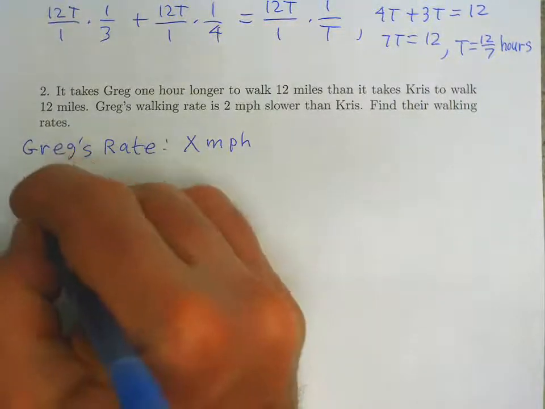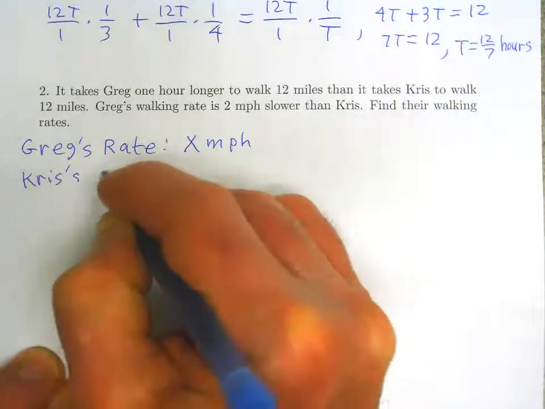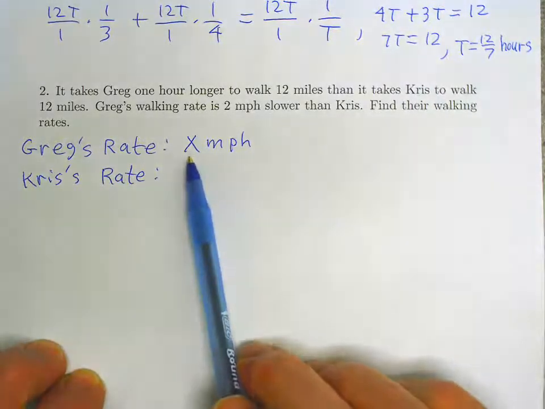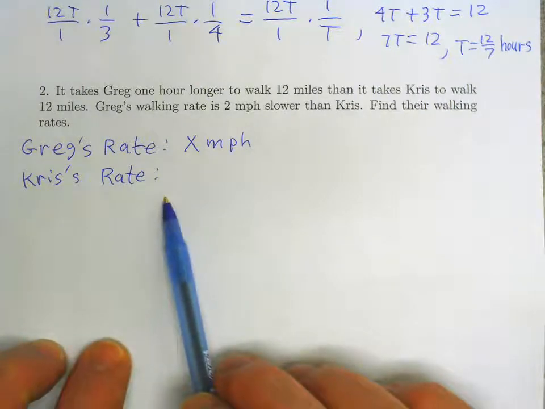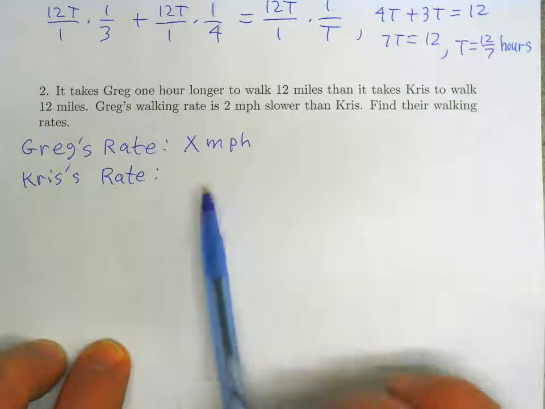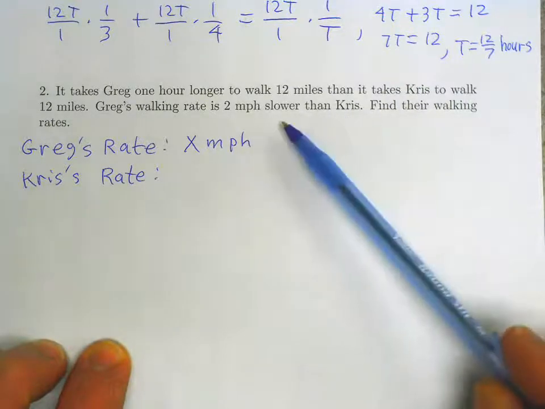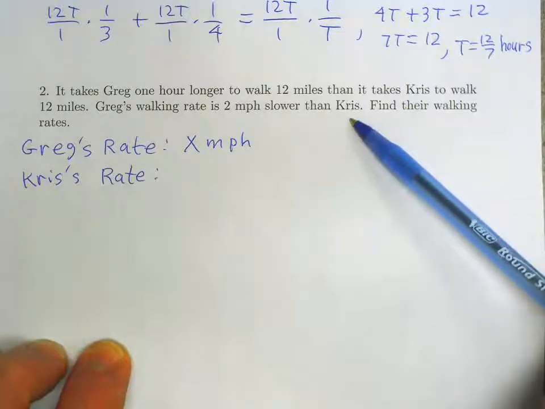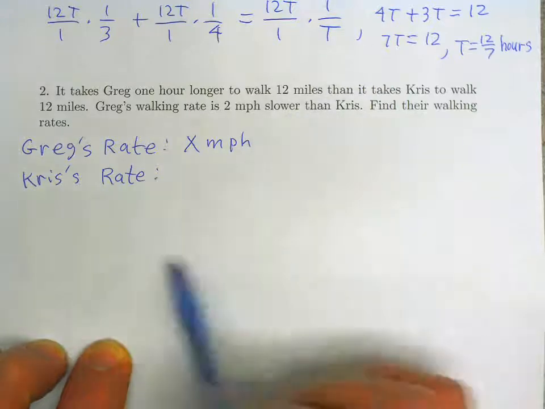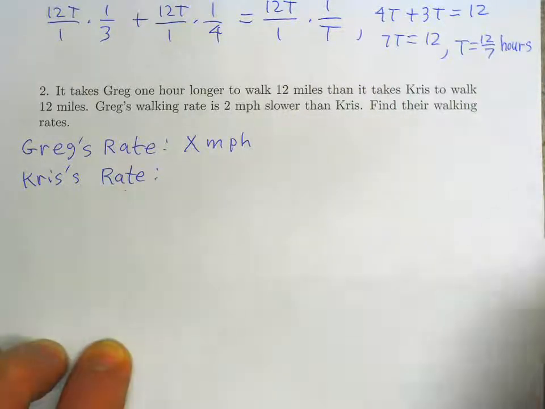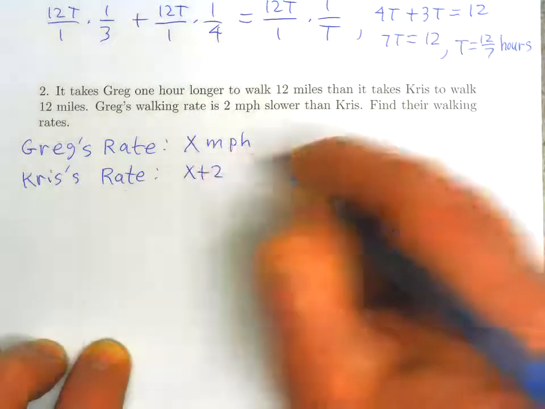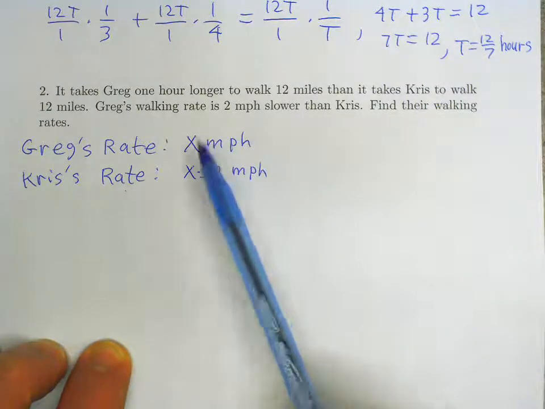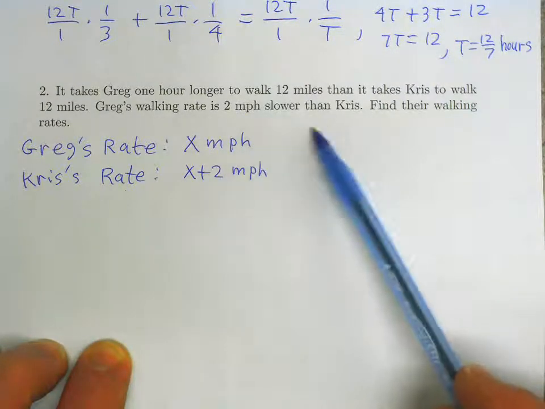And then for Chris's rate, since we've already picked X to represent Greg's rate, then Chris's rate will have to reflect the information given. In the second sentence, we're told that Greg's walking rate is slower than Chris's by 2 miles per hour. So Chris's walking rate is X plus 2 miles per hour. So you can verify X is 2 smaller than X plus 2.